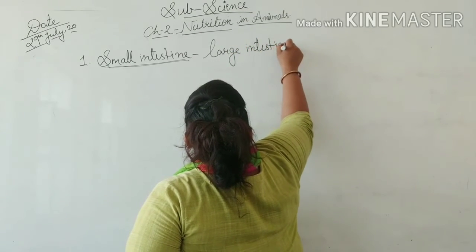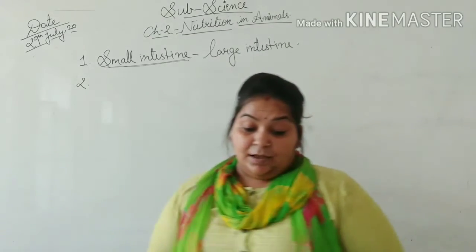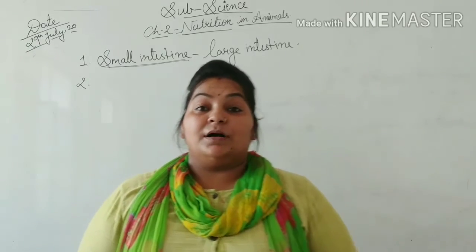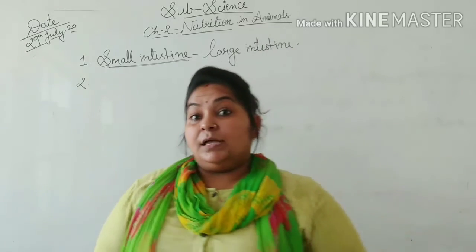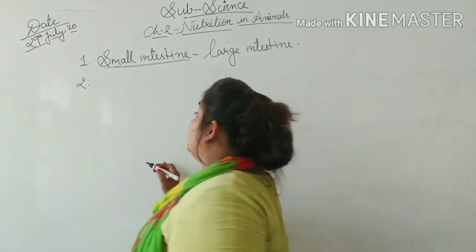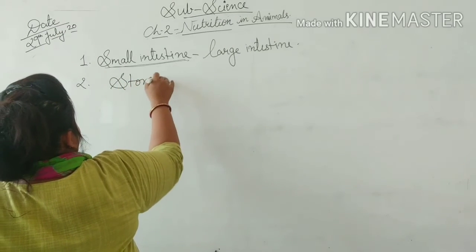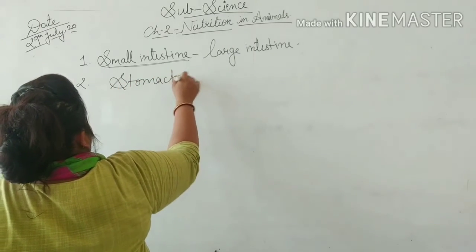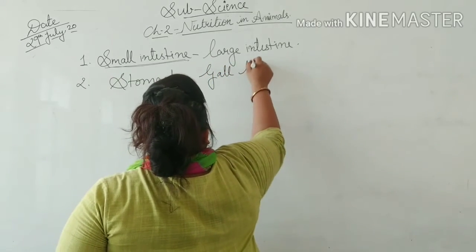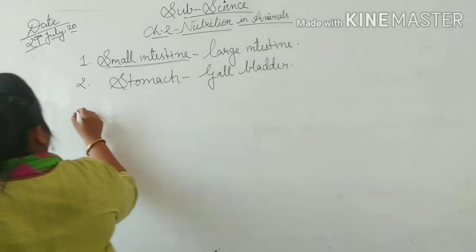Clear? Number 2: bile is stored in a sac-like structure called stomach. Is it true? No. In place of stomach, what will be the answer? We have just studied in the last section, that was gallbladder. So gallbladder is the right answer.